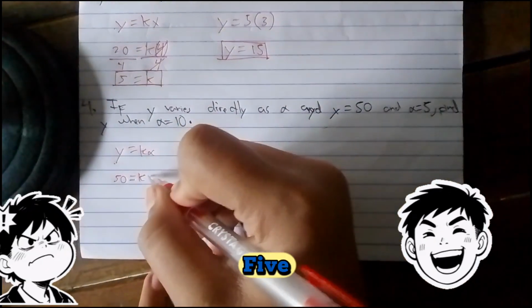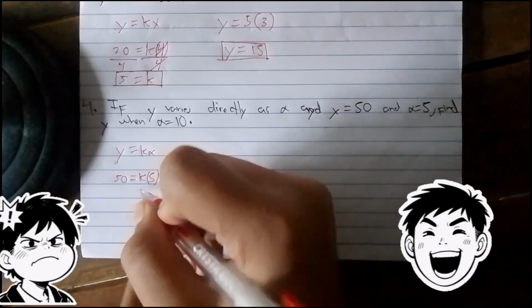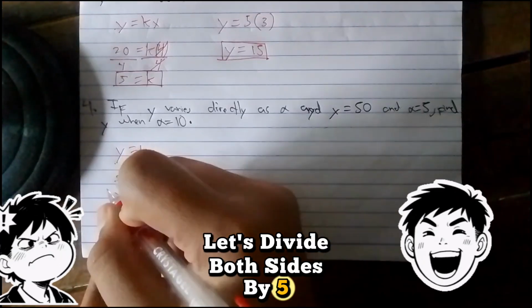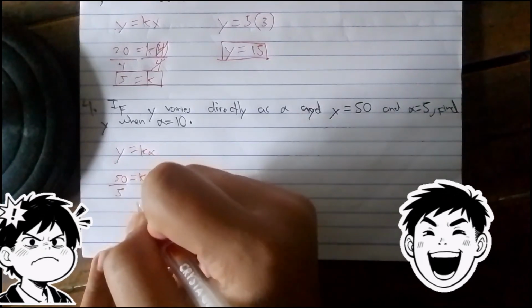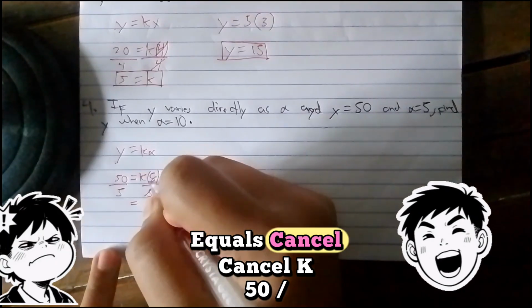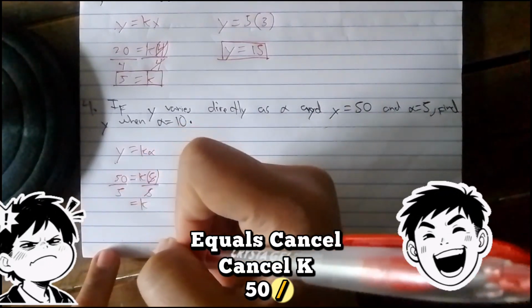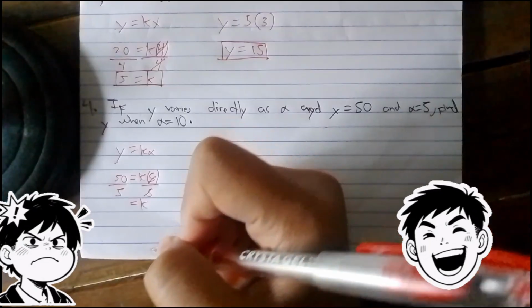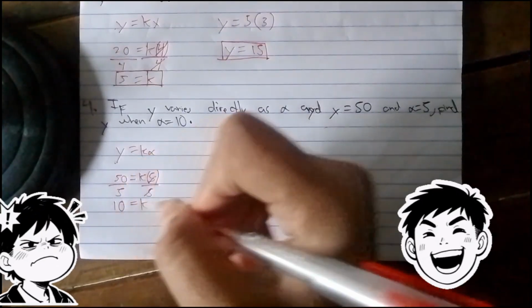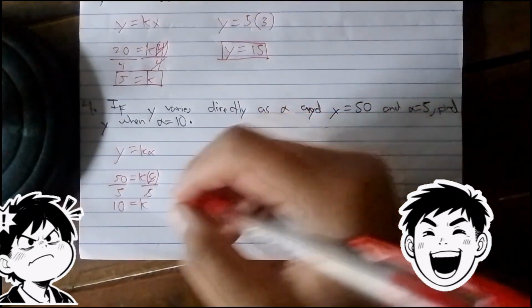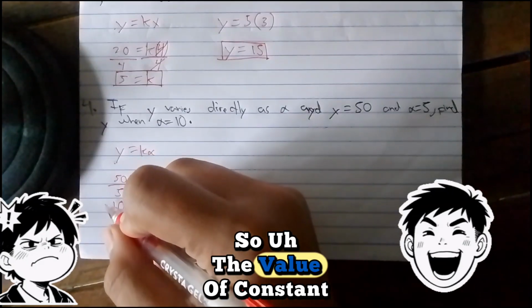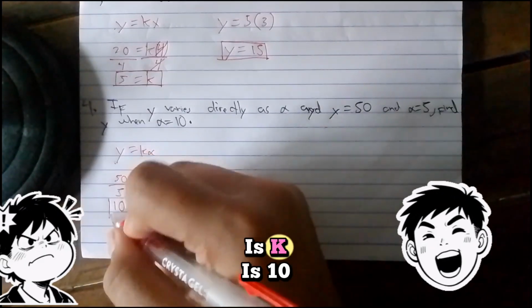X will be 5. Let's divide both sides by 5. Cancel. K. 50 divided by 5 is 10. So the value of the constant k is 10.